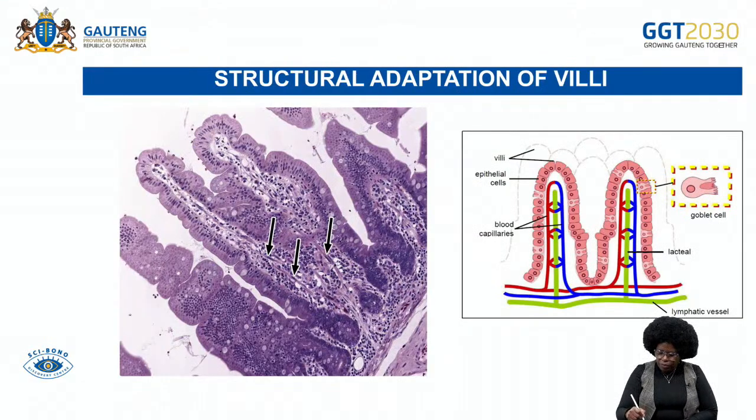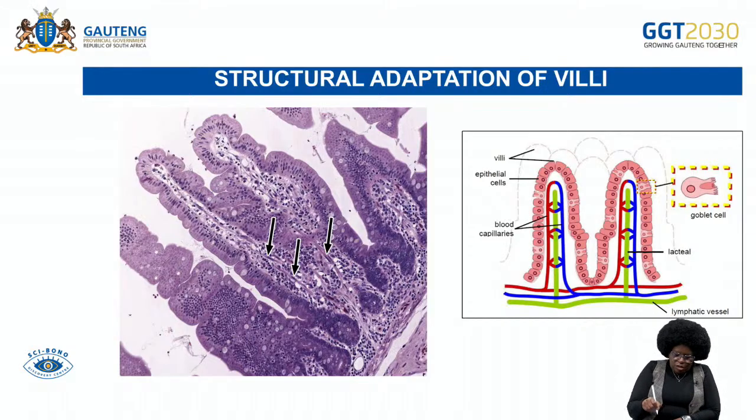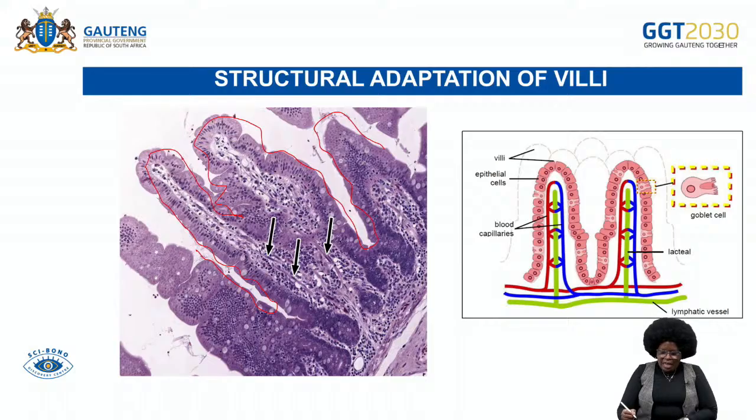Beautiful. Here we are. So we are looking at the different folds. You see the folds. It's so much folded. You can see it's fully folded, and then we have the presence of the villi, and the villi is made up of a single layer of cells.